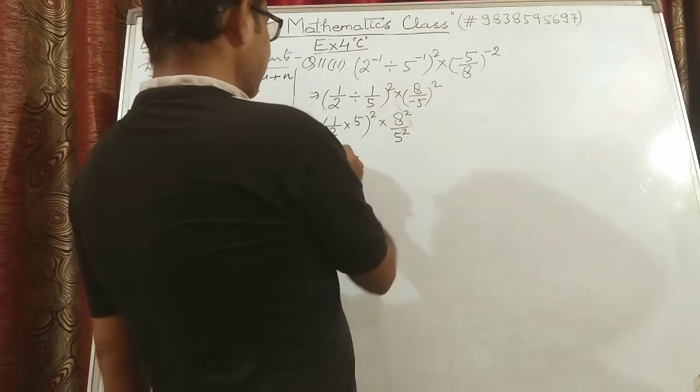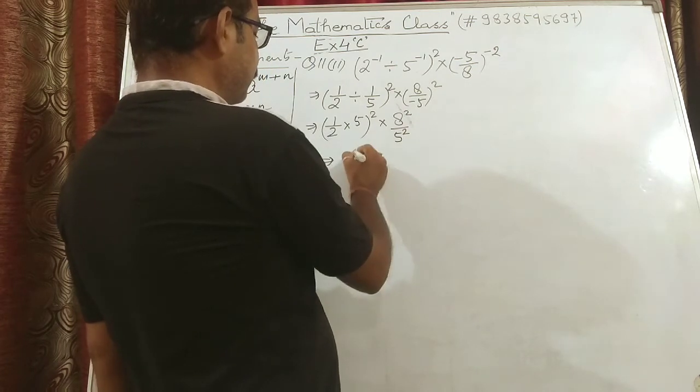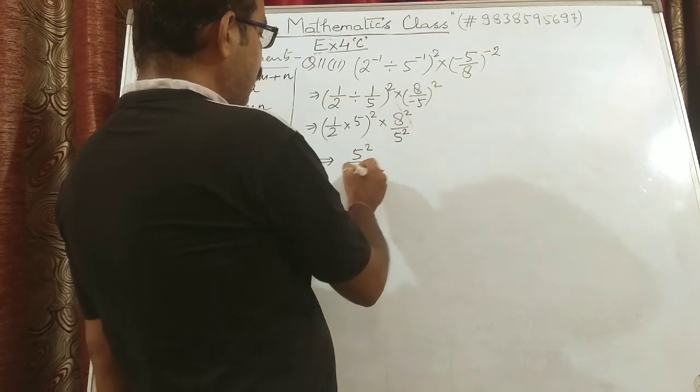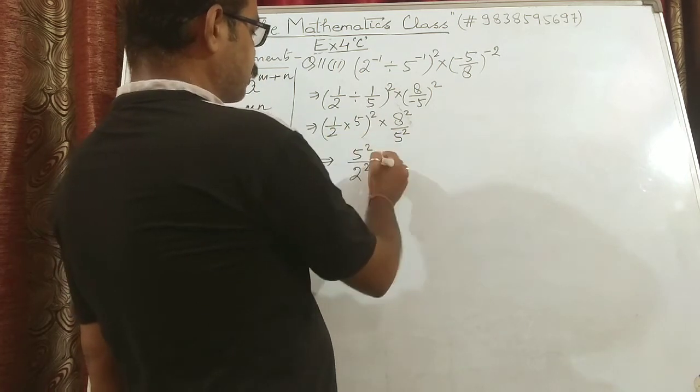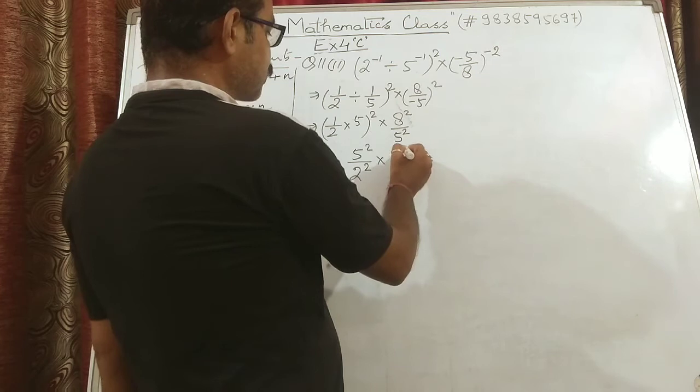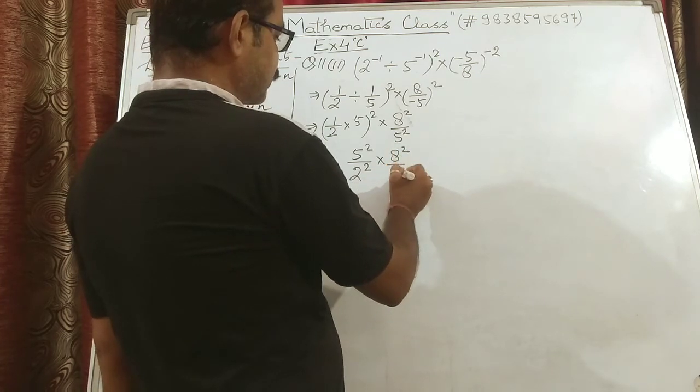So like this. When you open this, it will become 5 to the power 2 upon 2 to the power 2. 5 square upon 2 square into 8 square upon 5 square.